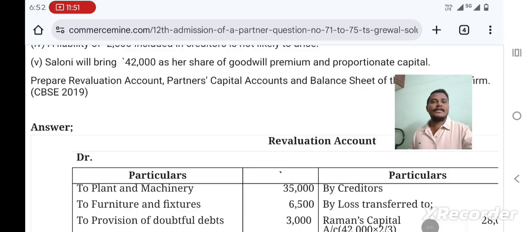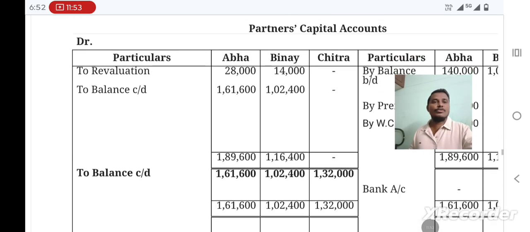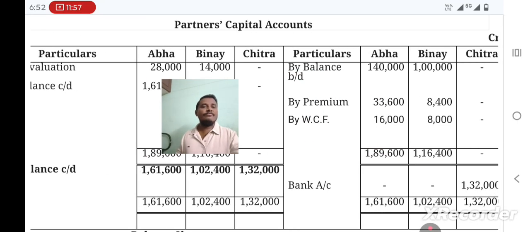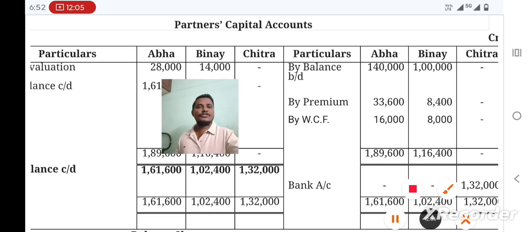You can also take your pen and calculate: premium for goodwill 33,600 and 8,400 will give you 42,000, split in the ratio of 4:1.